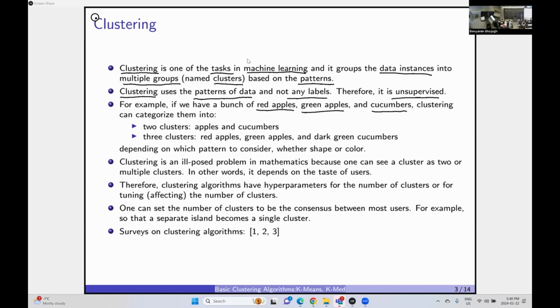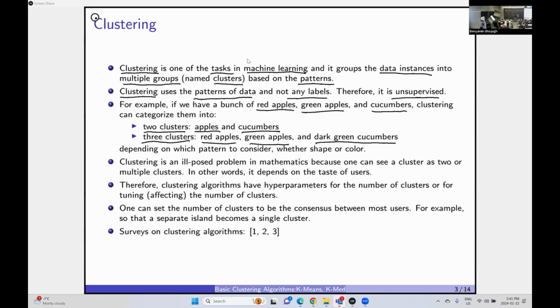Okay, we want to cluster them. One might say, okay, I can divide them into two clusters, apples and cucumbers, right? Based on their shapes, because apples are round and cucumbers are long and thin. One might say, no, I want to divide them into three clusters based on their colors. Agree? So red apples, green apples, and dark green cucumbers.